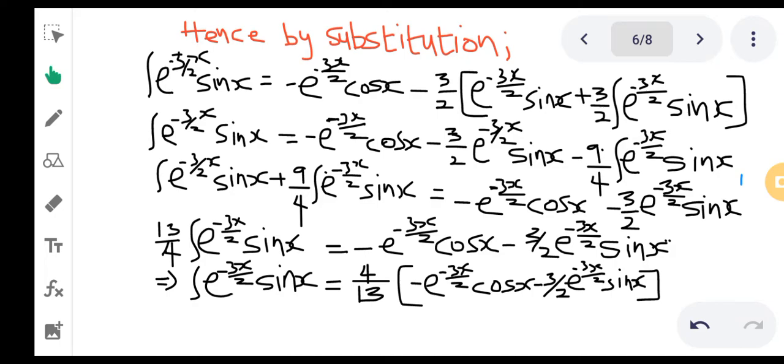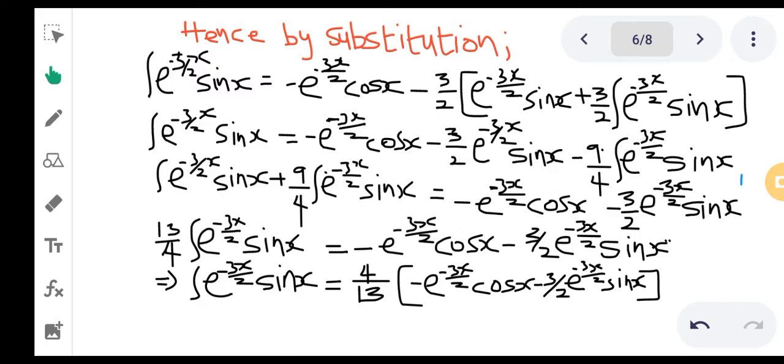Okay, so we know that the integral of e exponent minus 3x over 2 sine x is here, and the integral of this one is here, so we just factorize. This one will come here, so the whole of this one is here. When the minus becomes positive, you maintain the rest.